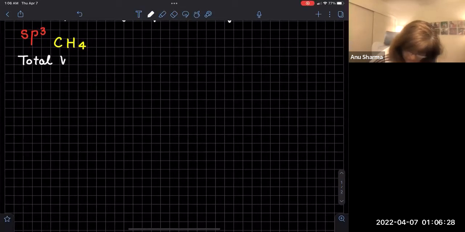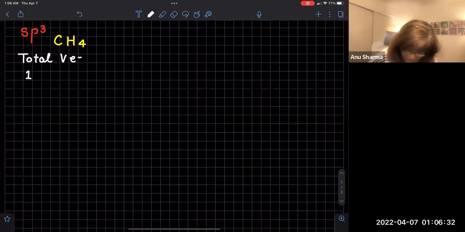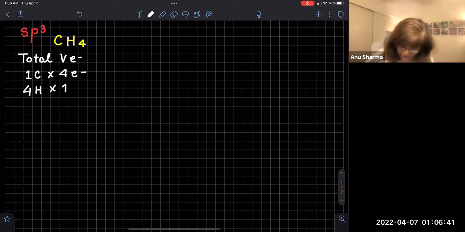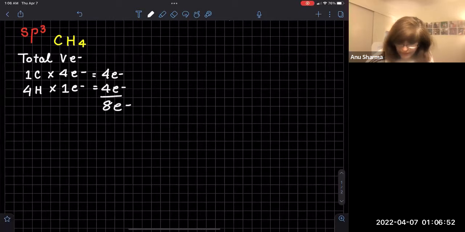For one carbon, it is bringing in 4 electrons, and we have 4 hydrogens, each bringing 1 electron. So we are looking at a total of 8 electrons, 4 from carbon and 4 coming from 4 hydrogens. So 8 electrons total.